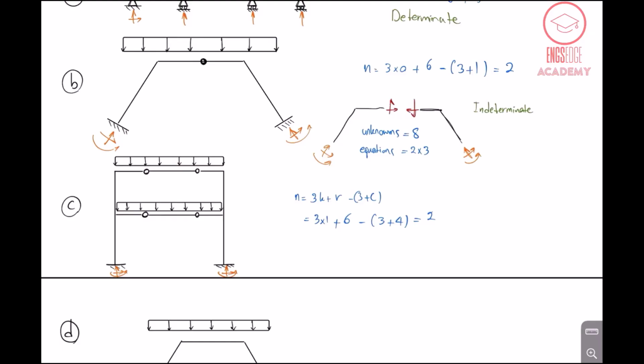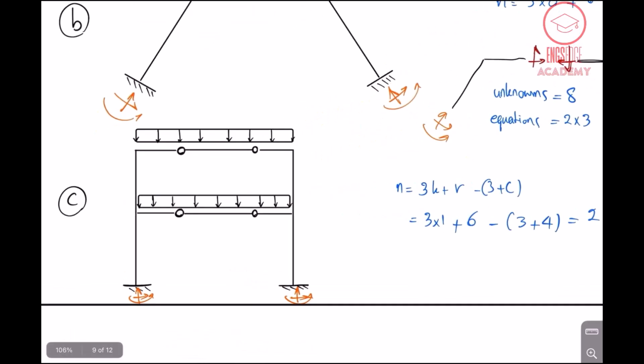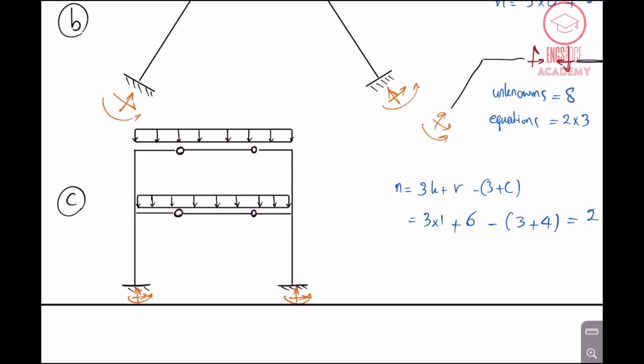Now, if we want to analyze the indeterminacy using the separation method, we can see that we have 3 reactions here and 3 there, that's 6. Then, 2 here, 2 here, 2 here, and 2 more here. 4 times 2 is equal to 8.